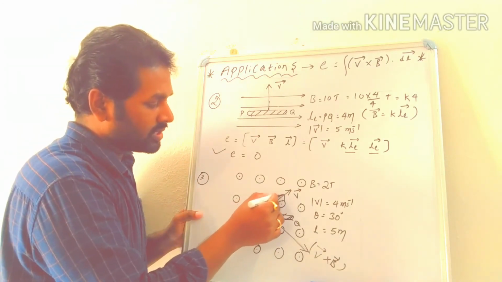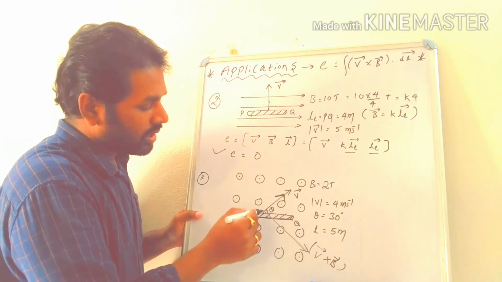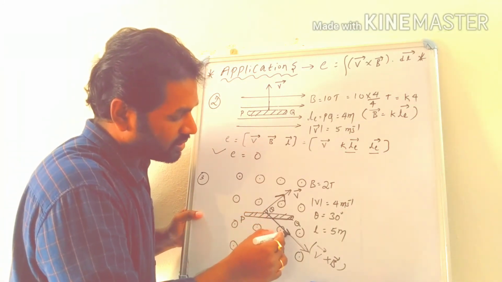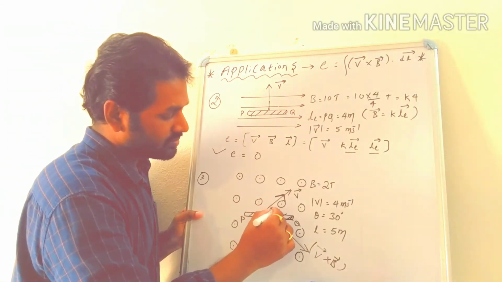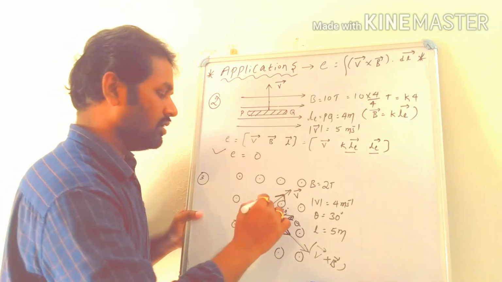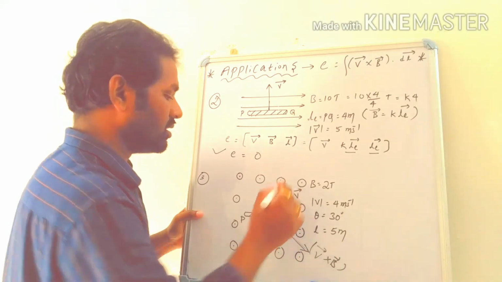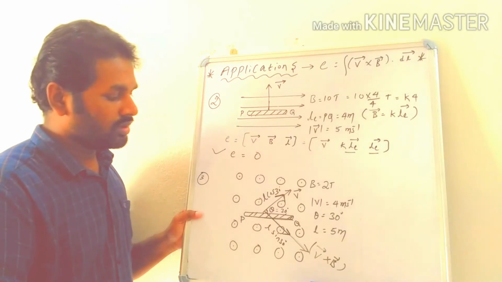One along the velocity vector and the other along the direction of V bar cross B bar. How much is the angle here? 30 degree. This is 30 degree, and this is the length L. We can divide. This comes as L cos 30 degree and this comes as L sin 30 degree.